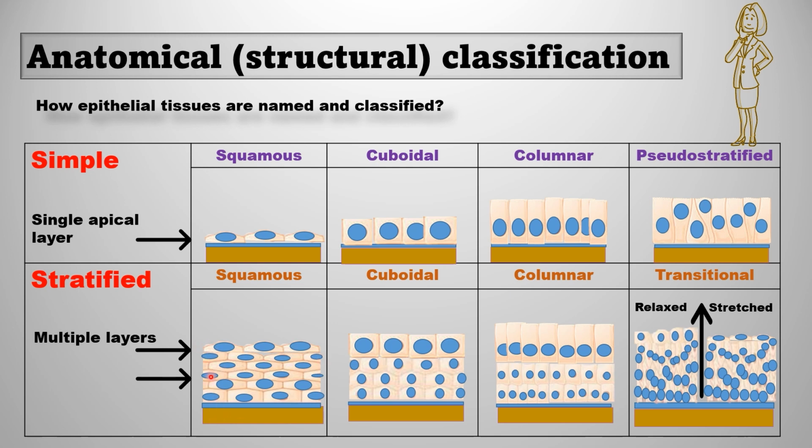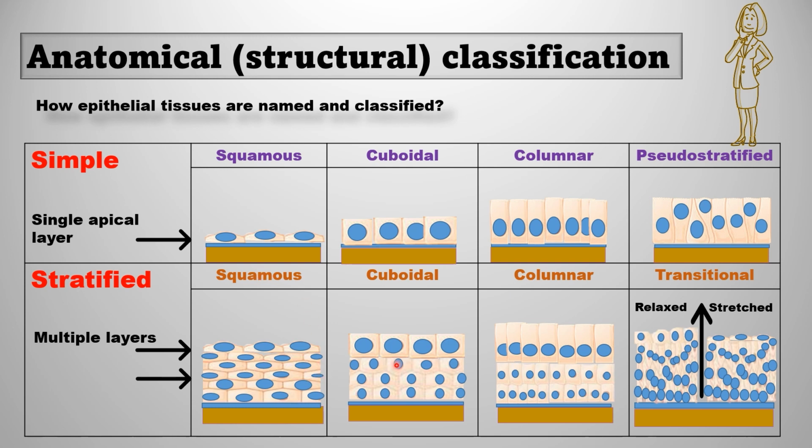So it is stratified. It is not simple, because it is more than one layer. The upper one, the apical one, is formed of squamous epithelium. So the name of this tissue is stratified squamous epithelium.